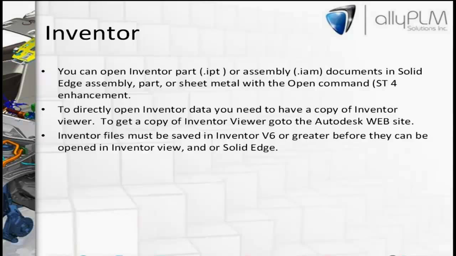But in order to do that, you need to have a copy of the free Inventor viewer on your computer. All you have to do is go to the Autodesk website and download the free viewer, and you'll be able to open the files. However, the Inventor files have to be saved in version 6 or later in order to be opened inside of Solid Edge or even inside of the viewer.